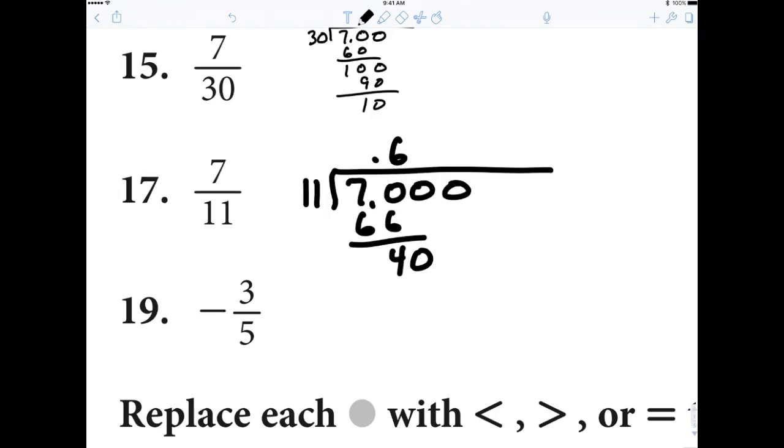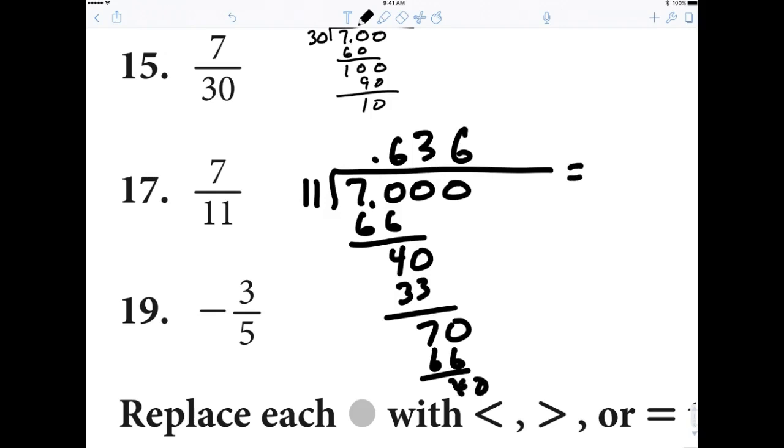How many times does 11 go into 40? 3 times. 33. Subtract, I get a... Uh-oh. 11 goes into 70. So this looks like... Yeah, then we just repeat again, right? So 7/11 is the same as, right, 0.63 with a bar over it.